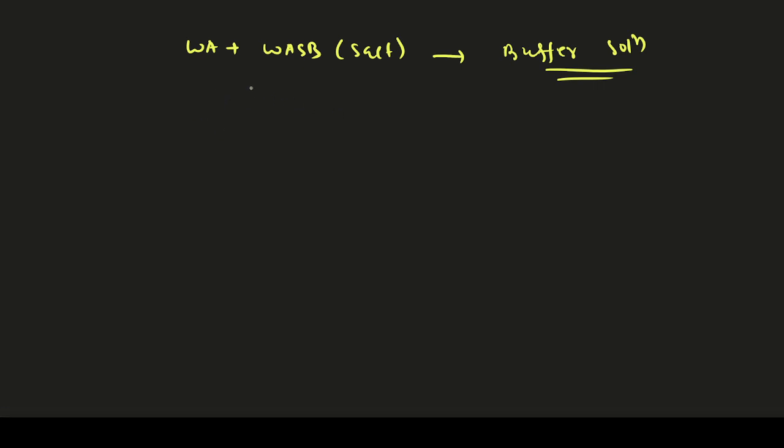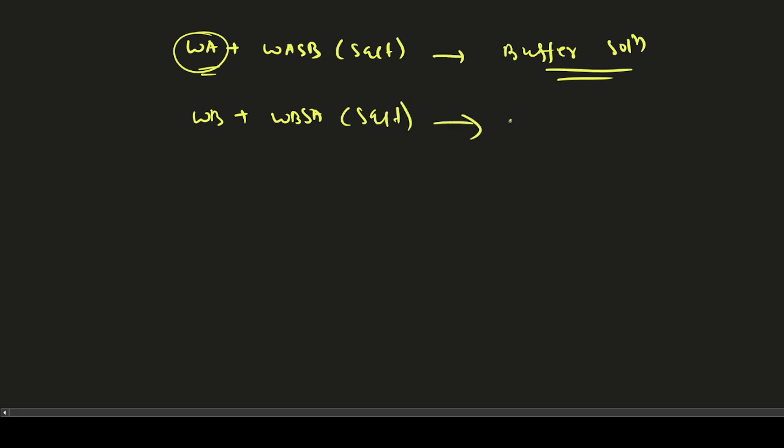So we know that buffers are of two types, basic buffer and acidic buffer. Acidic buffer means the preparation uses a weak acid and its salt. Basic buffer means a weak base and its salt with a strong acid.